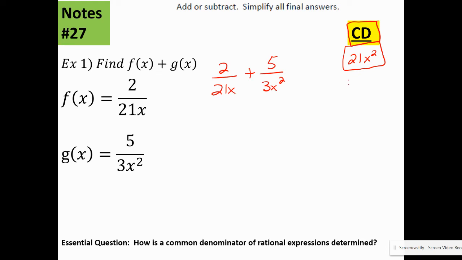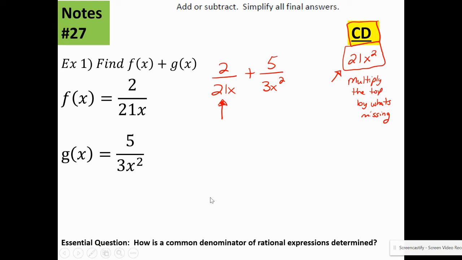Now your step is going to be multiply the top by what's missing. So we're going to take these one at a time. So first I'm going to compare 21x with 21x squared. What is missing? Well, it's pretty obvious.